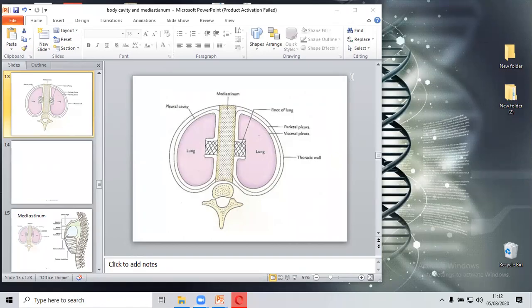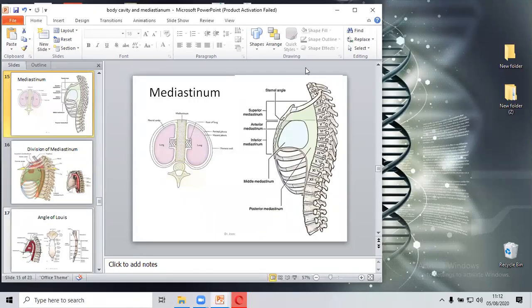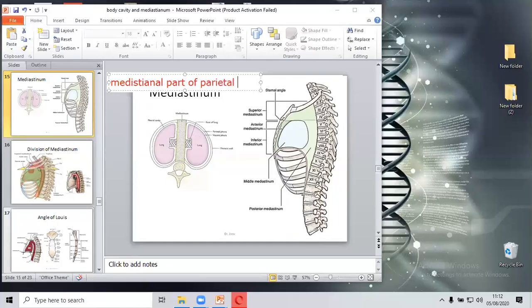Are you getting it? So on the lateral surface you will see the mediastinal pleura, that is the mediastinal surface of the parietal pleura. Actually that is the mediastinal part of the parietal pleura only. So that forms the two lateral boundaries.